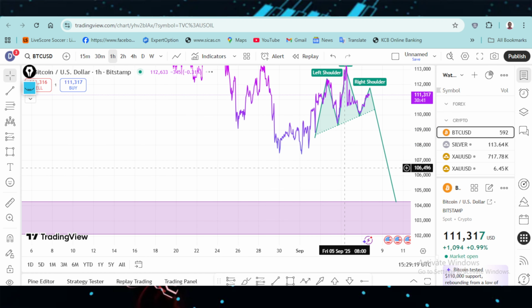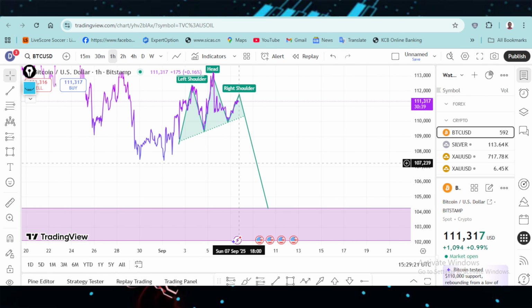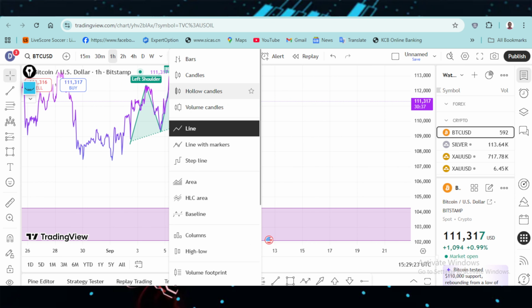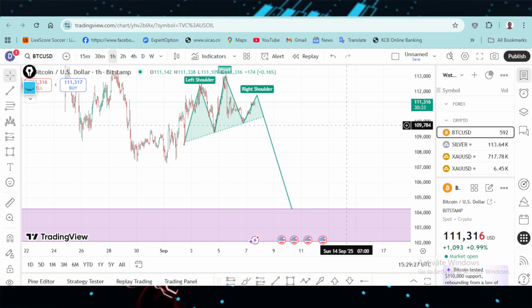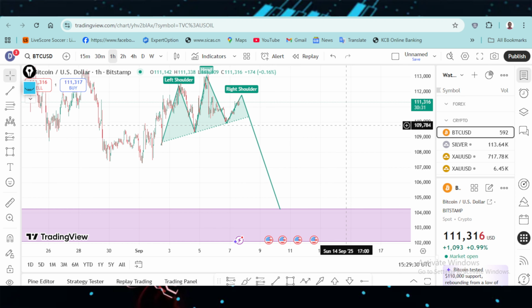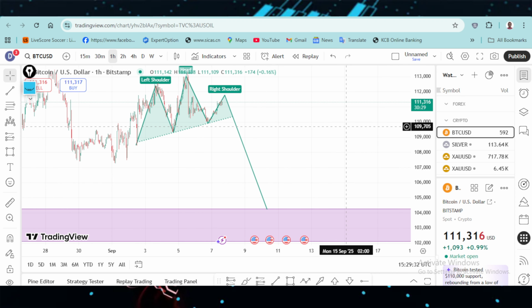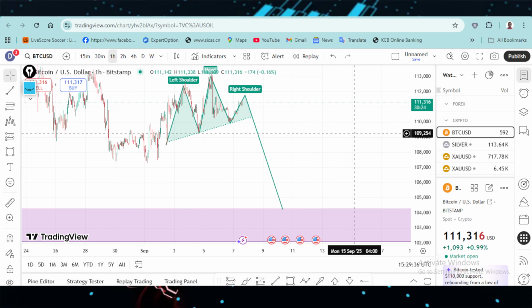The question is, will this fail? Yeah, it can fail. That's why you have to use your stop loss. You shouldn't be trading without a stop loss.